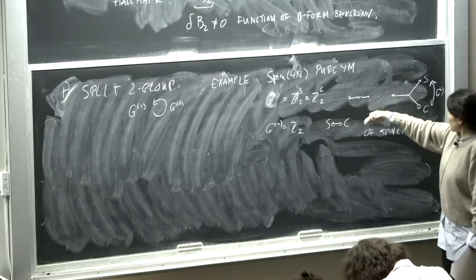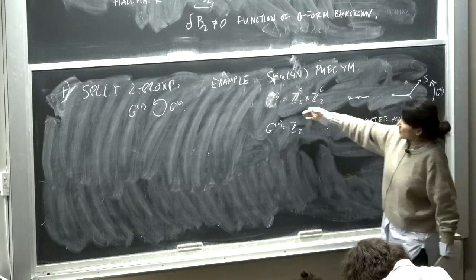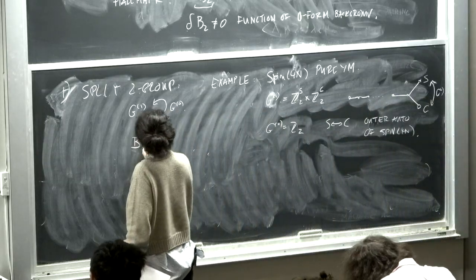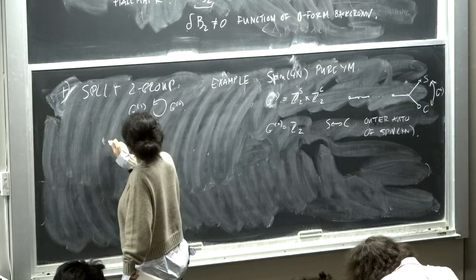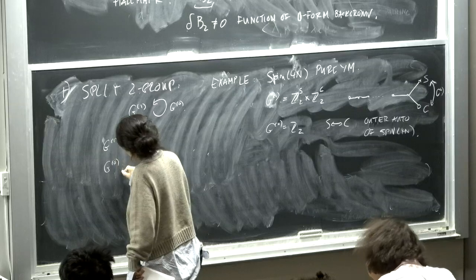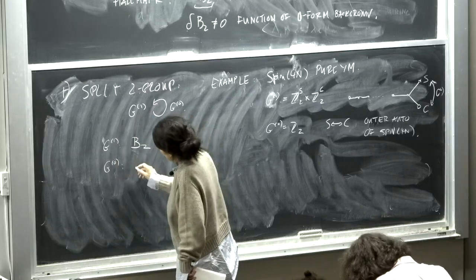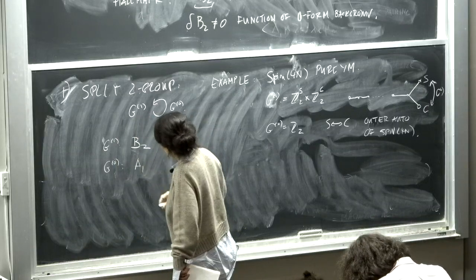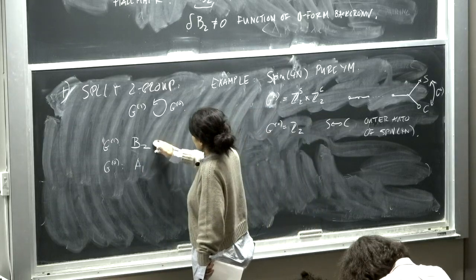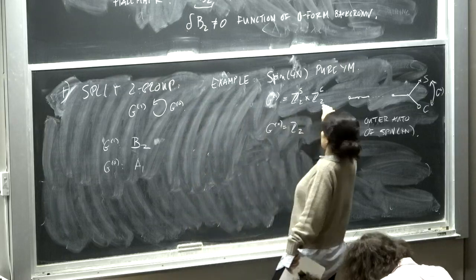So now what we'd like to do is write down what this means in terms of the background fields. If I call the background field B2 for the one-form symmetry, and now G0 will be some A1, and B2 can now be in one of these two Z2s.